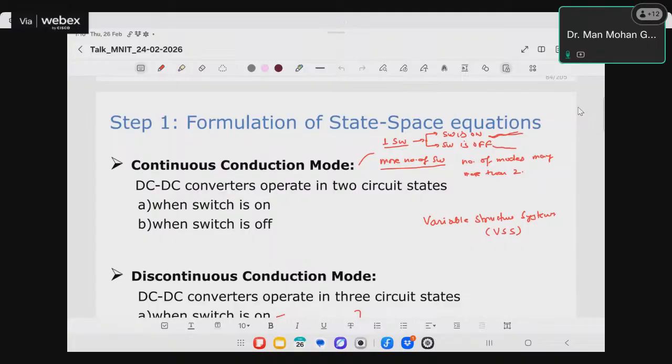Now based upon the mode in which it is operating, we have different circuit states. Minimum 2, maximum depends upon the number of switches. So in each circuit state, we derive the state space model of the converter. The state space model in each state is nothing but the inductor voltage equation and the capacitor current equation for each inductor and capacitor present in the circuit, right?